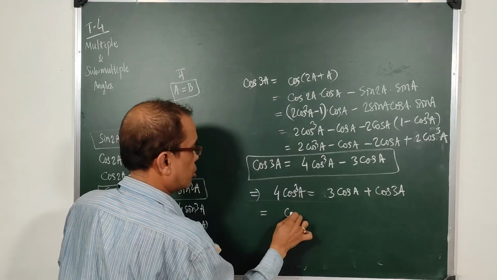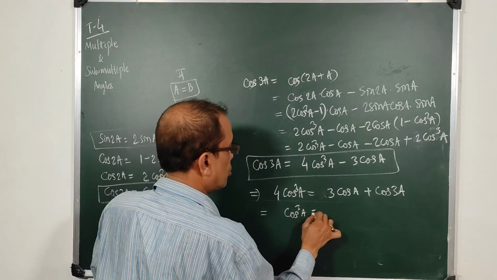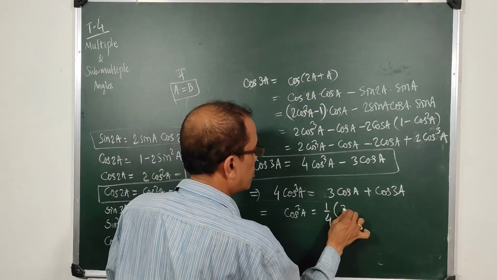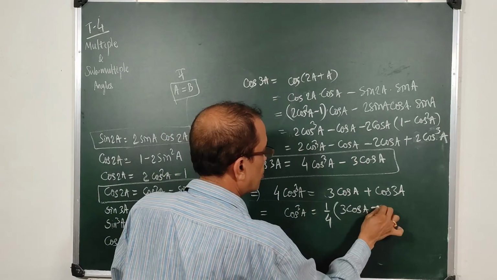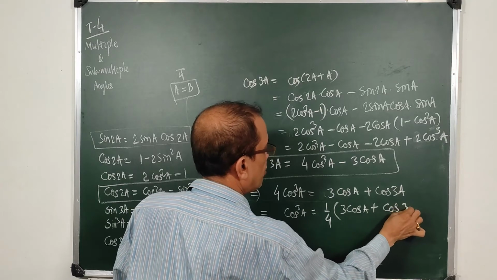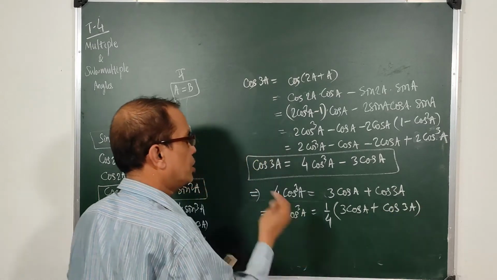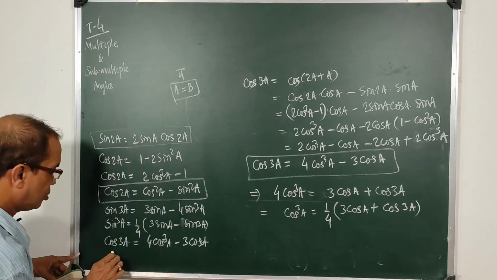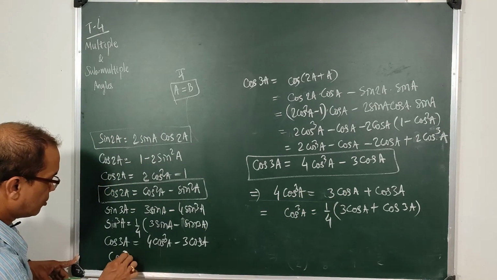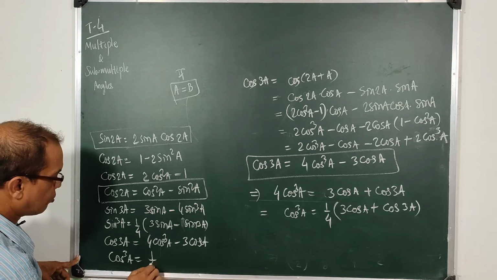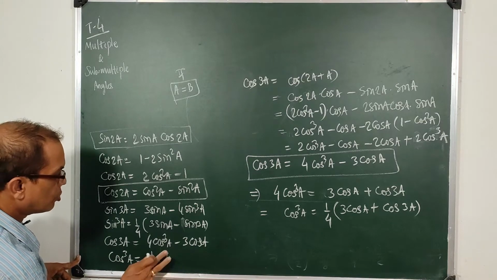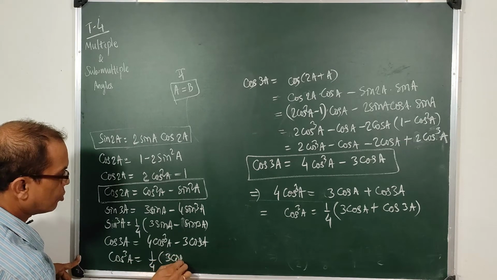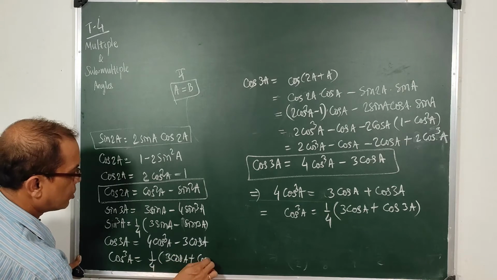So we have cos cube a is equal to 1/4 of 3 cos a plus cos 3a. To keep it uniform with the sine formula, I just change this pattern. So you have cos cube a equals 1/4 of 3 cos a plus cos 3a.